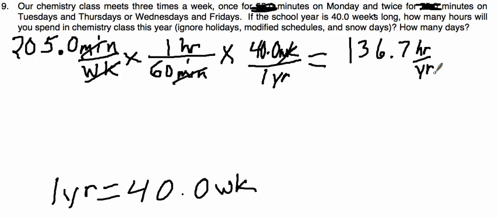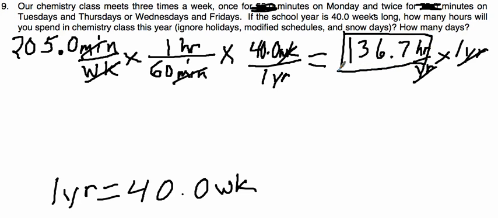The actual question was asking how many overall hours that would be. If you multiply this by 1 year, how many hours would it be in 1 year? Well, it's going to be 136.7. So that would be our actual answer. I'm going to box it for us: 136.7 hours.